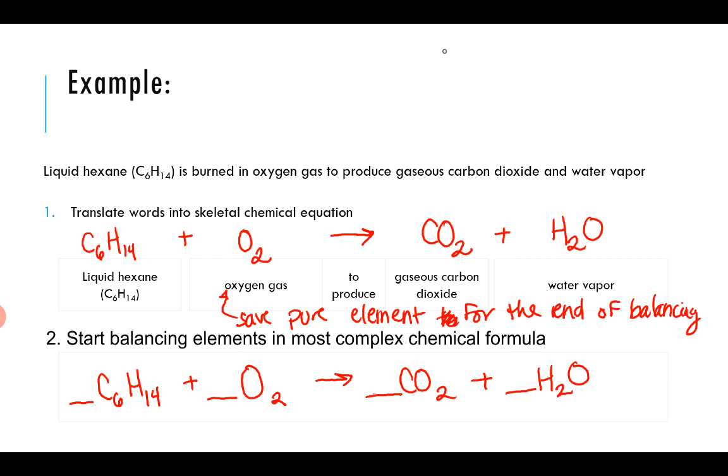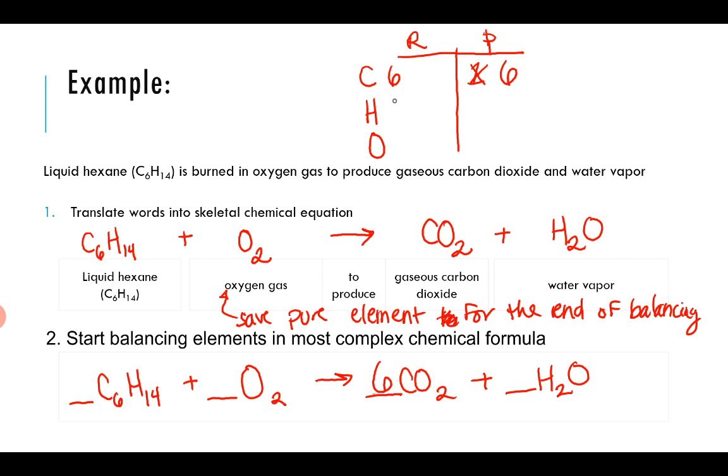You might also find it nice to have your reactants versus your products in a table, with your element counts: carbon, hydrogen, and oxygen. I see 6 carbons on my reactant side, and I currently only have a 1 on my product side. But if I write a 6 there, then I will have 6 carbons. Now I have 6 carbons on both sides of the equation.